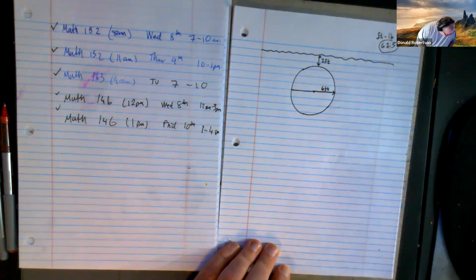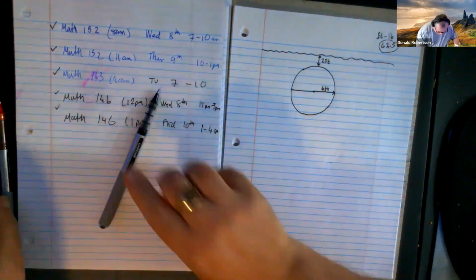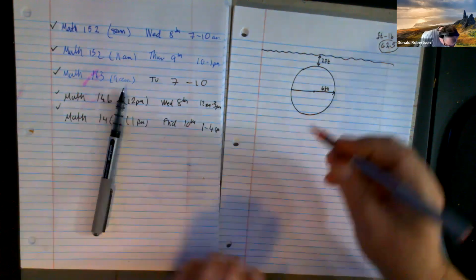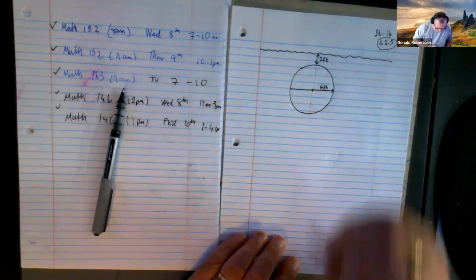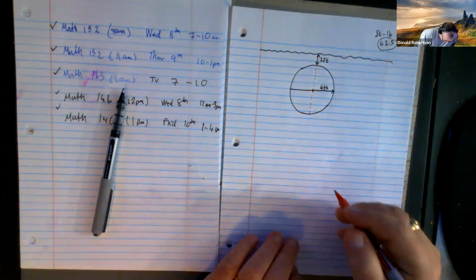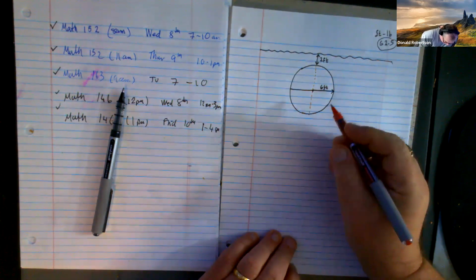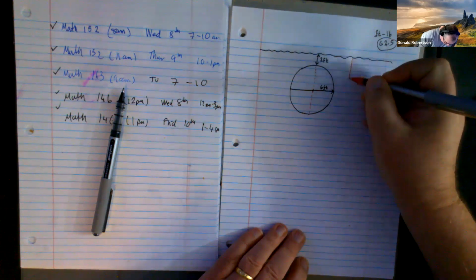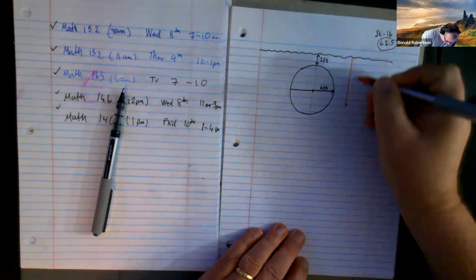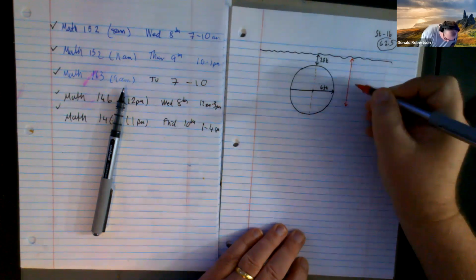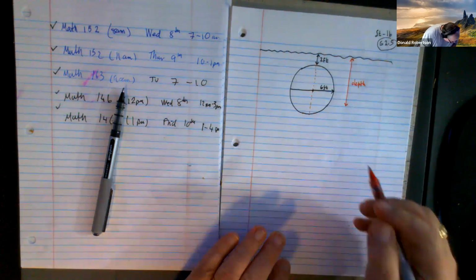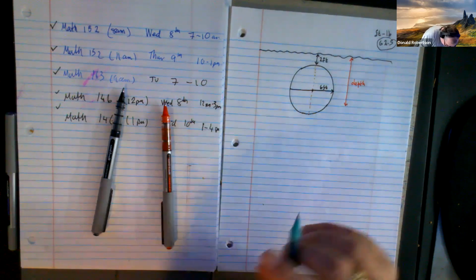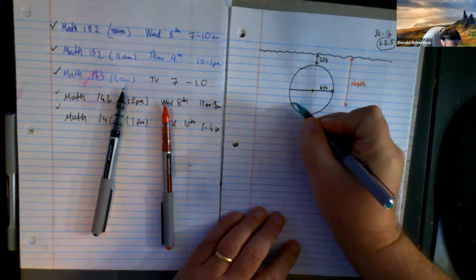And I need to add some more lines. Let's put a little invisible dotted line going that way. We're going to have a distance from here to here, which is going to be called the depth, and that's going to go to this fella here.